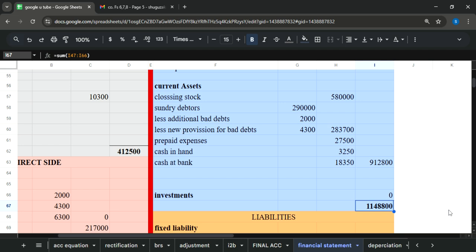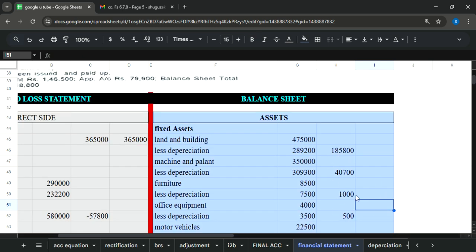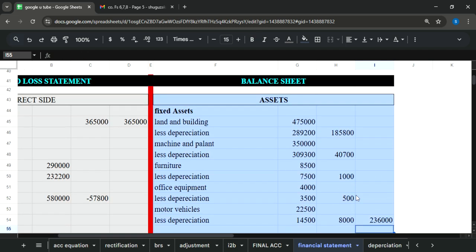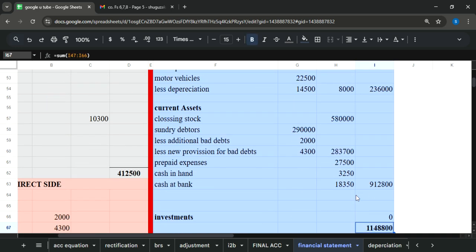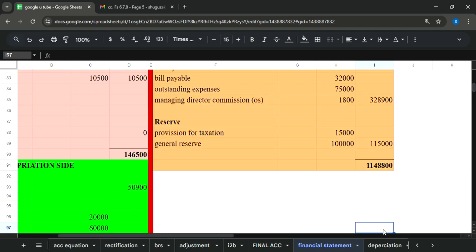Now what we will do, total of fixed assets, we will add total of current assets, and then we will add investment. So the final total we have got is 11,48,800. This is the total of the asset side and the total of the balance sheet as well, and you can see that it is absolutely equal, not a single digit is different.